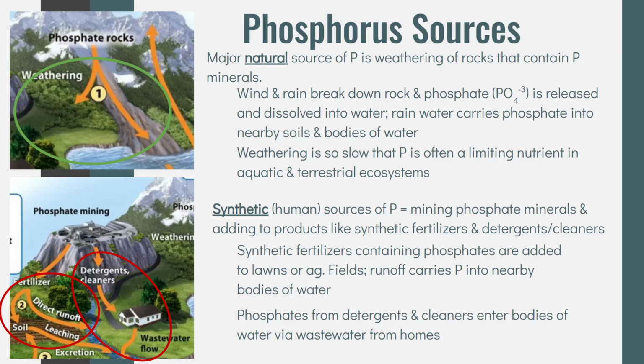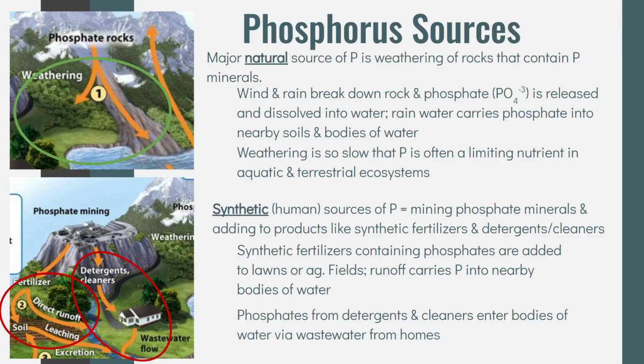In terms of synthetic or human-made sources of phosphorus, humans mine phosphate-containing rocks out of the ground, and then they add phosphates to either synthetic fertilizers or other products like detergents and cleaners. We can see this diagram here.